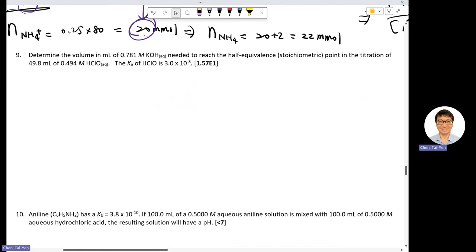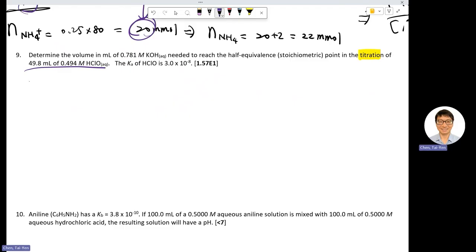Determine the volume in mL of 0.71 M KOH needed to reach the half equivalence point in the titration of this. So the keyword is titration, right? Every time we say titration, the first thing you do is find out who is your titrant and who is your analyte.